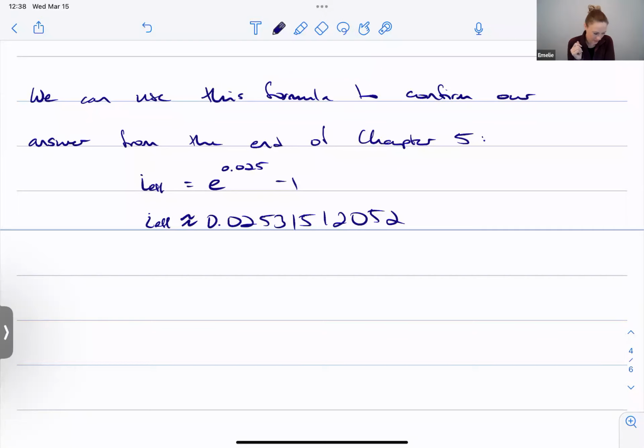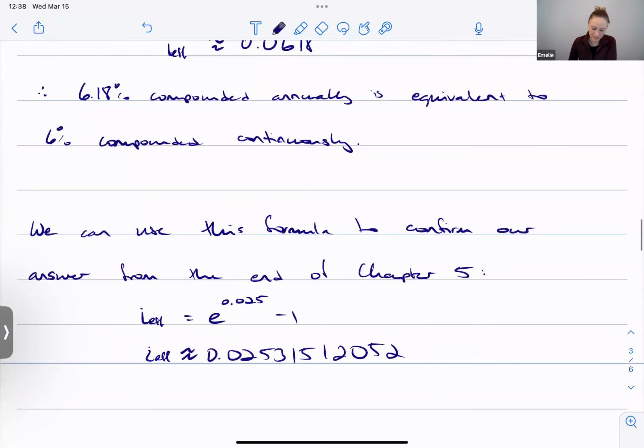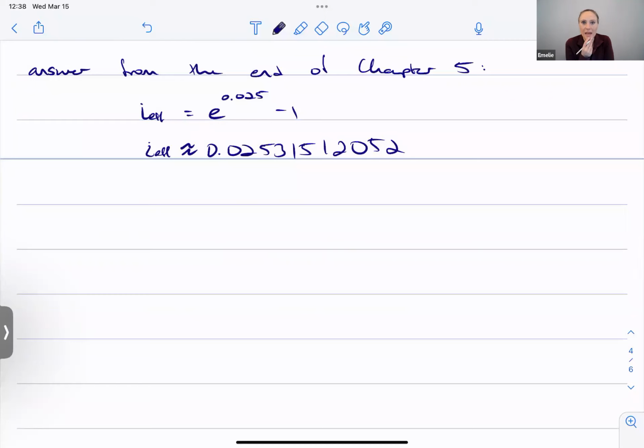So these are the effective interest rates. Now we're going to talk about just plain equivalent rates, which is what we have been doing, but it's been a special case.